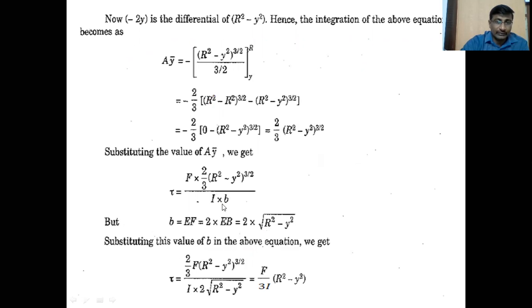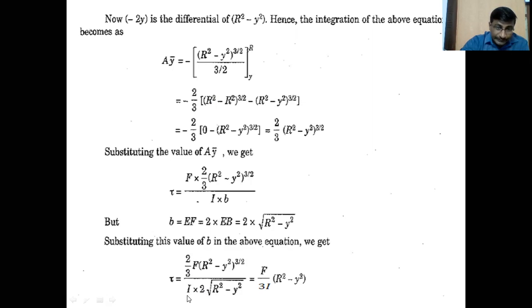So by substituting all the parameters b and the first moment of area, the shear stress formula becomes, substituting this value of b in the above equation, tau equal to F times 2 by 3 r square minus y square whole power 3 by 2, by I, which is a constant, as it is. In place of b we write 2 into the square root of r square minus y square.